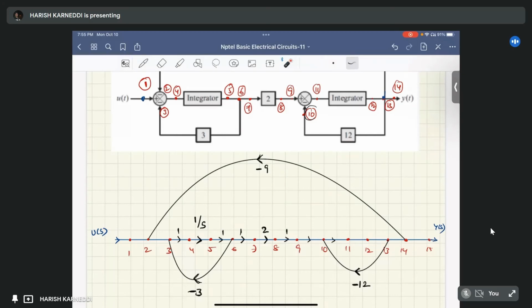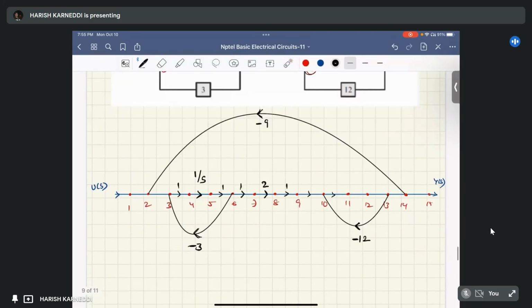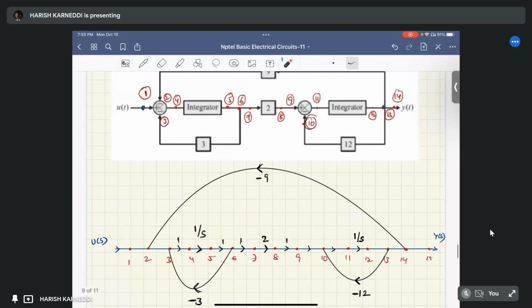This integrator is connected in between the 11th node and 12th node. So the gain from the 11th to 12th is 1 by s. Okay, then this is the 12th node and this is the 13th node.